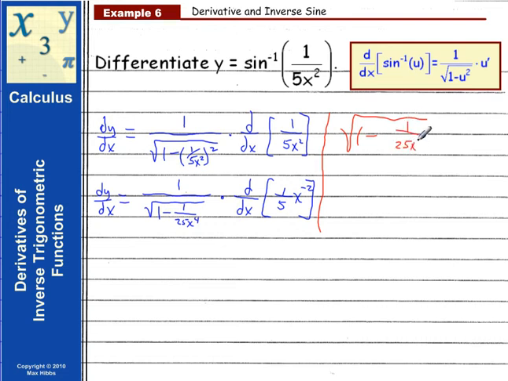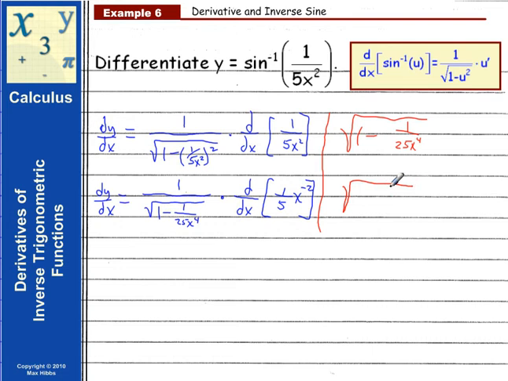Now it's normal that we don't leave fractions under a radical, and so this presents a little bit of a problem. But I think what I'm going to do is add these two expressions together. I'm going to write 1 in the form of 25x to the fourth over 25x to the fourth, so that I'll have a common denominator.